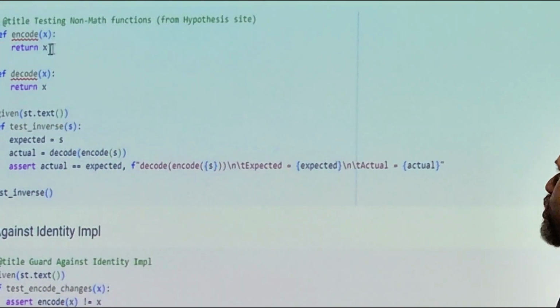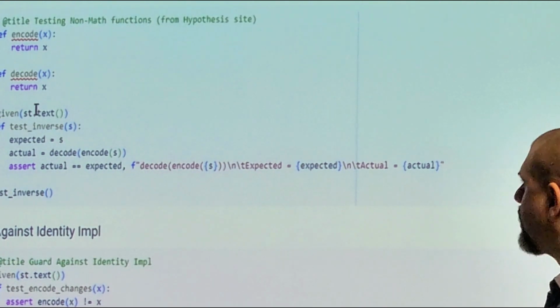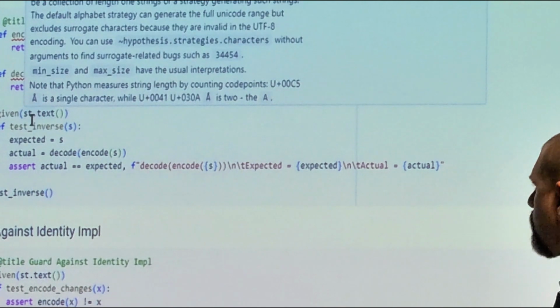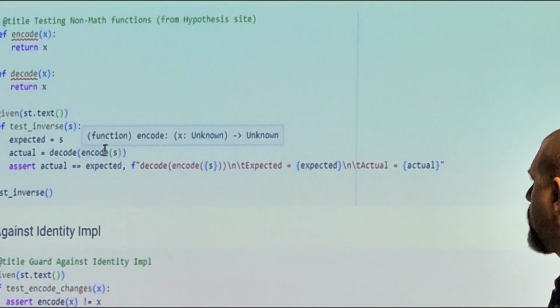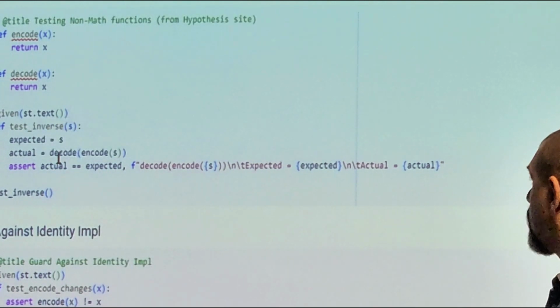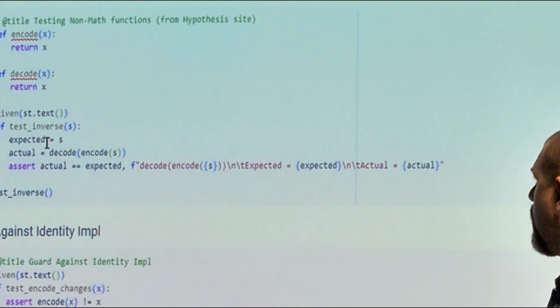Now, I have this really cheesy implementation where I just return the string. I declare encode and decode to both be the identity function. So I'm going to say, generate some random text. Now let's decode the encode, and I'm expecting that the result of this is equal to the expected value, which is really the original value.